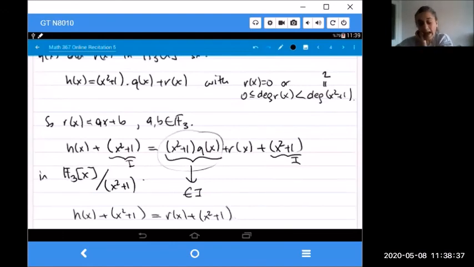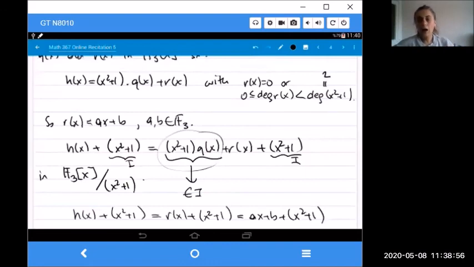This means that every coset representative can also be represented by a polynomial of degree at most 1, that is, ax plus b plus the ideal generated by x squared plus 1.